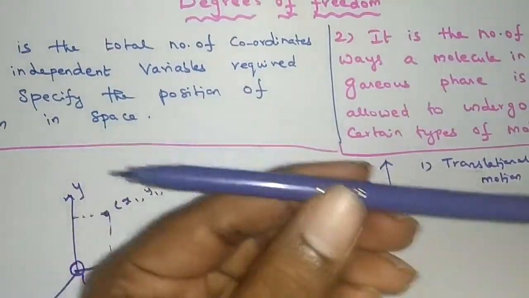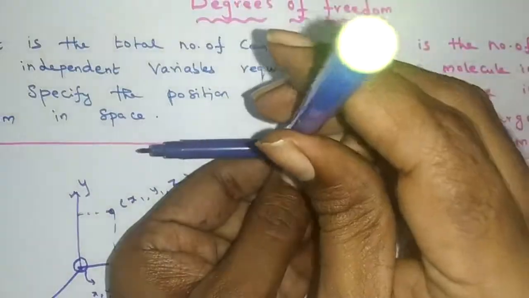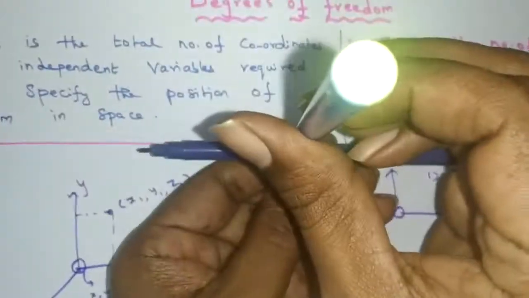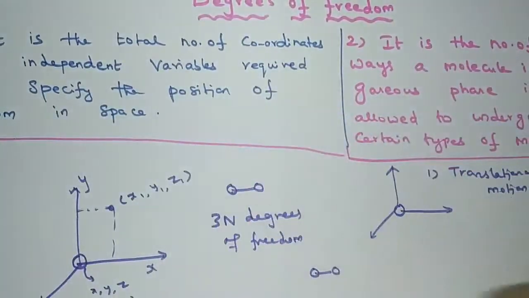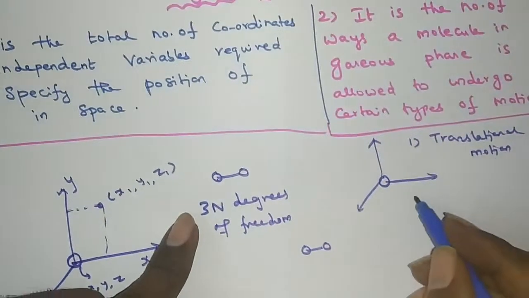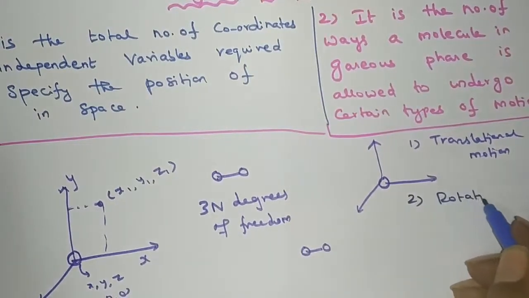Also, if I pass plane like this, and if I rotate like this, the molecule will rotate like this. So this kind of motion is called rotational motion. So a molecule undergoes rotational motion also.